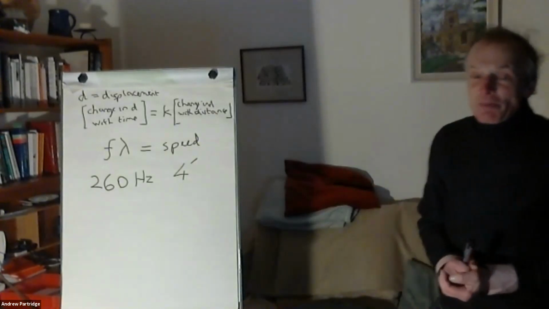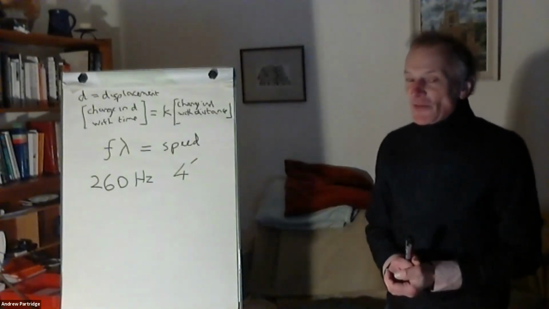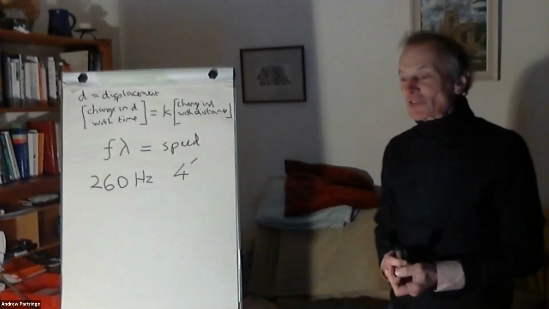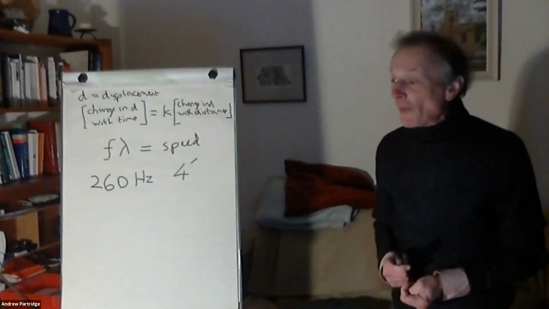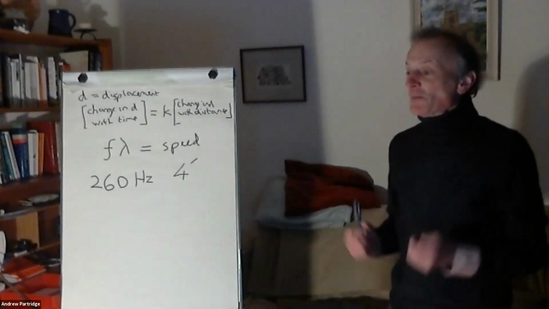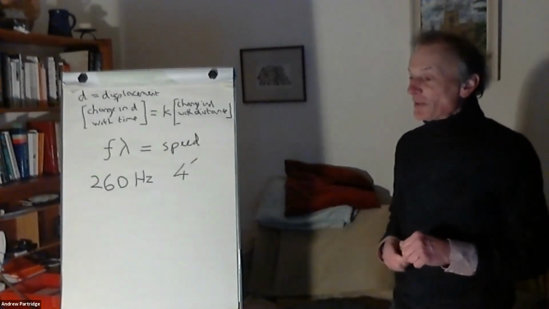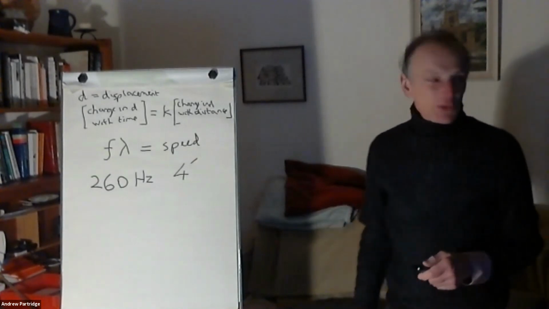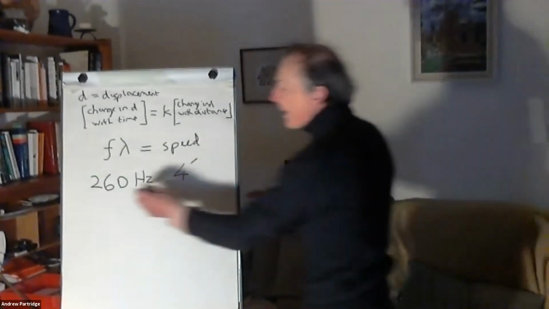The next thing to remember about waves is that if they're confined in something like a tube or a box, the only wave that can reasonably survive is the one that fits in, or ones that fit in.